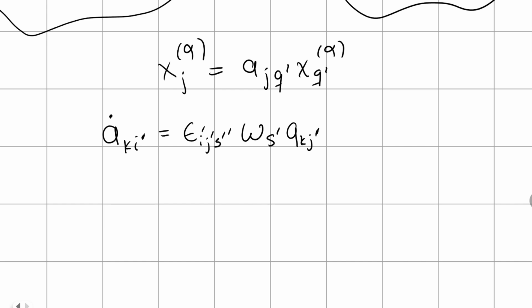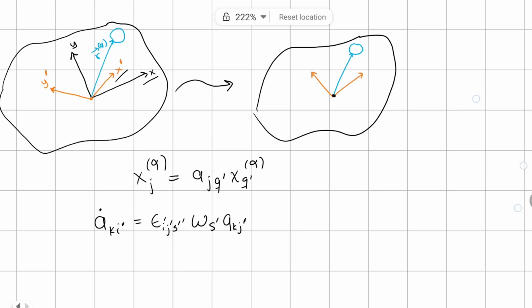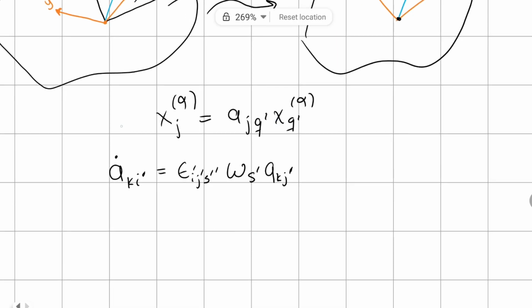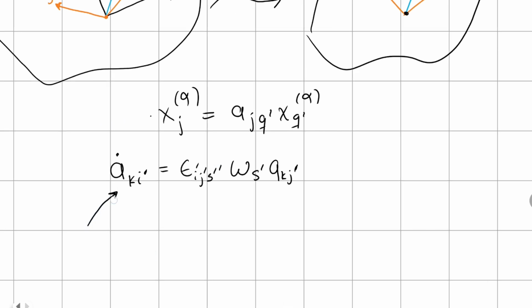Remember that in order to find the inertia tensor, we needed to find the kinetic energy, and the kinetic energy of the rigid body involves the velocity of the rigid body. So that's why we needed to calculate the derivative with respect to time of this, and that generated these derivatives with respect to time of the elements of the matrix.